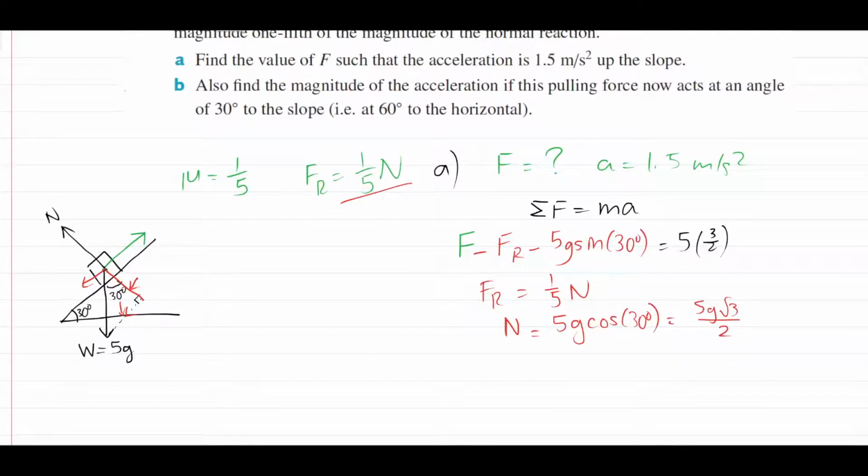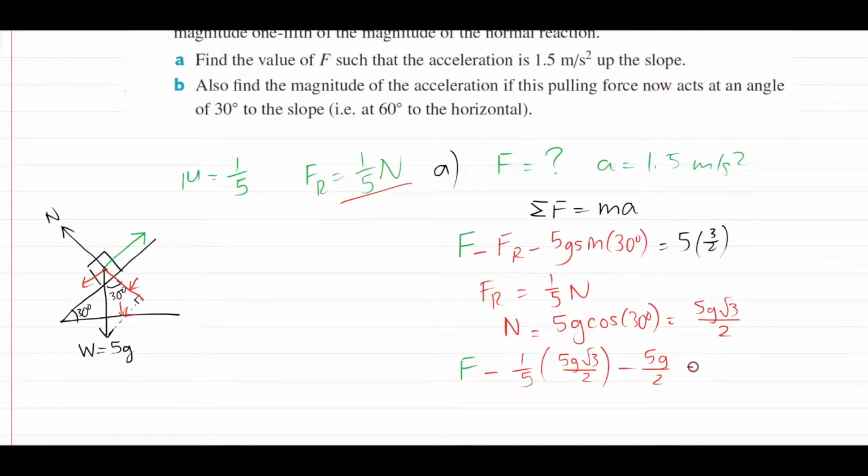Okay, this is a calculator question, so you could easily just use a calculator as well, but I'll just keep moving along. So F, we're solving for F, minus our friction force, which is 1/5 times N. We have 1/5 times the normal force, which is 5g root 3 over 2. And we also have to minus 5g sine 30. Sine 30 degrees is half, so it's 5g over 2.